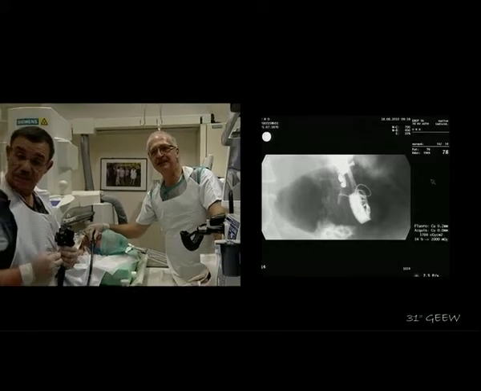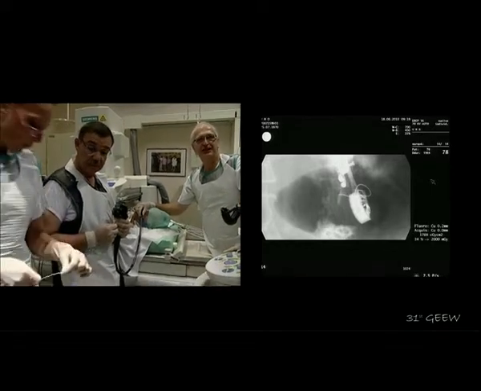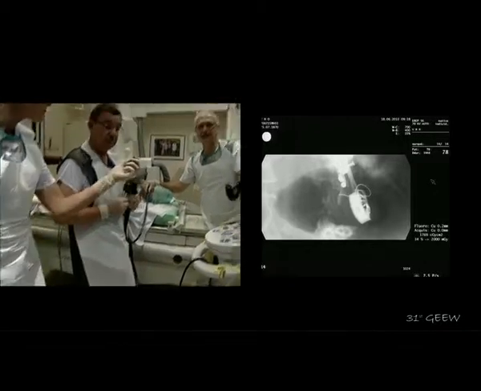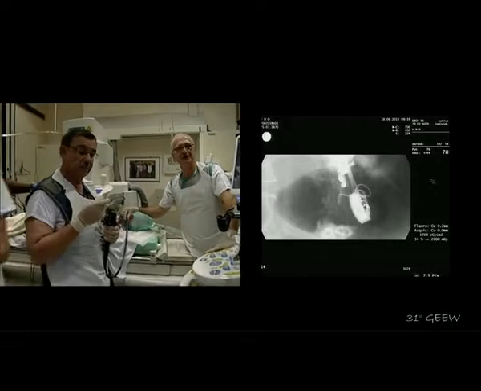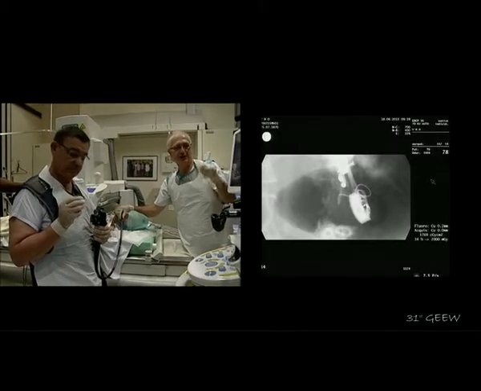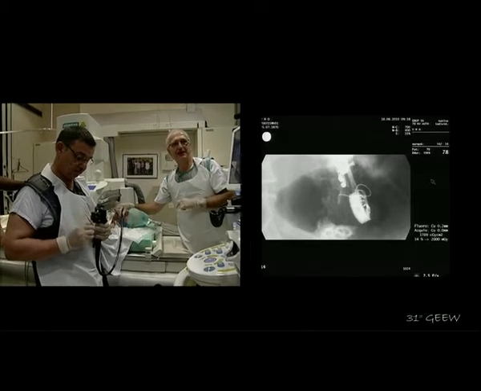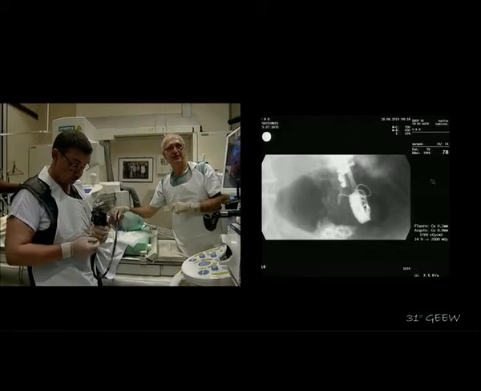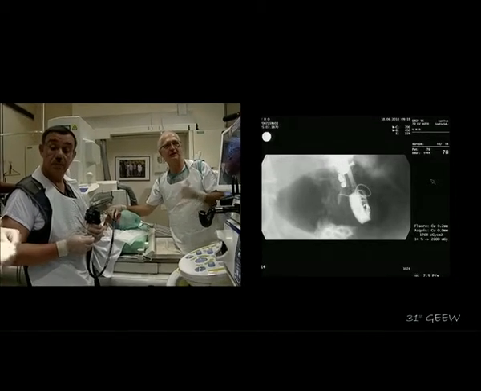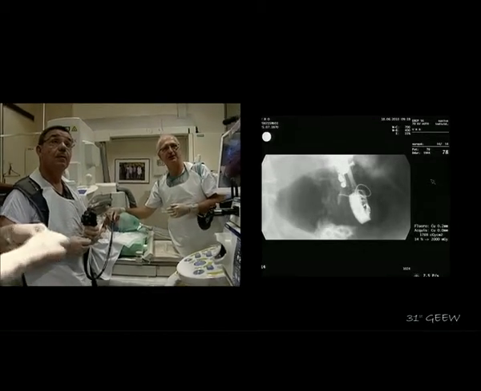And now the next and last challenge, and this can fail also, will be to place a 5 French stent into the duct. But you see that this will be a challenge because of the loop at the entrance of the pancreatic duct, which is typically the problem we have in complete disconnection, which are taking place at the level of the body.